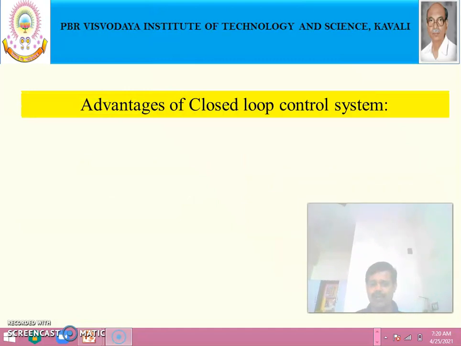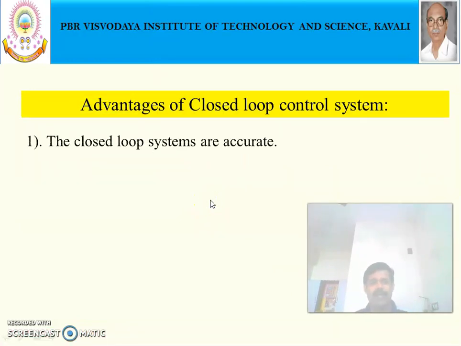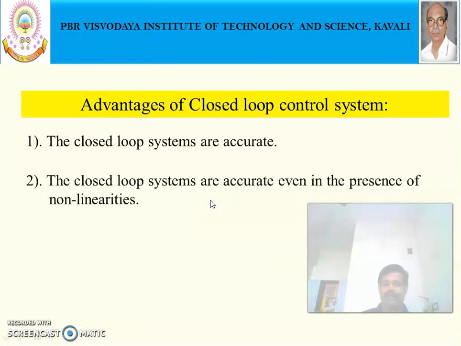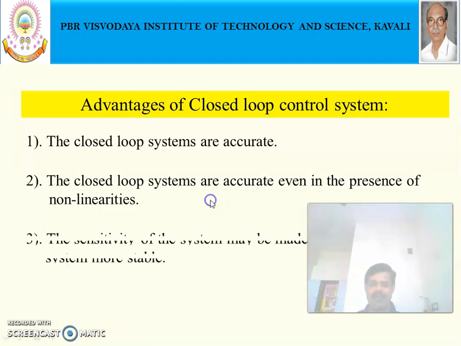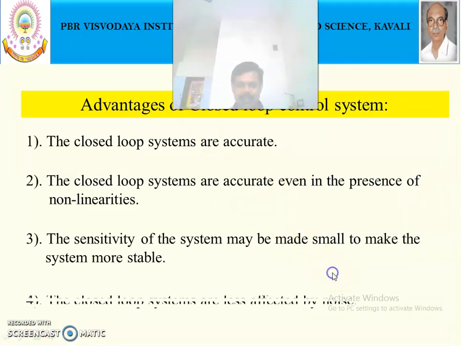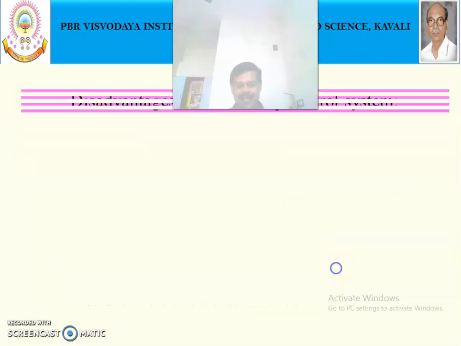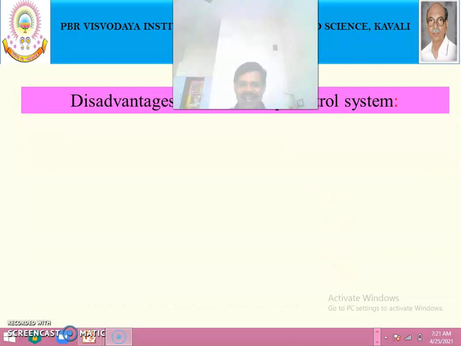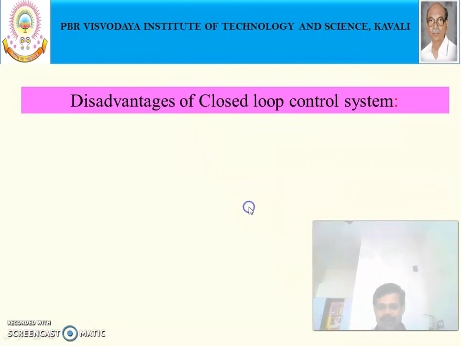Advantages of closed loop control system: it is accurate, even if there are non-linearities. If you make the sensitivity small, then we can make the closed loop system stable. Closed loop systems are less affected by noise. Now we are going for the disadvantages of closed loop control system.